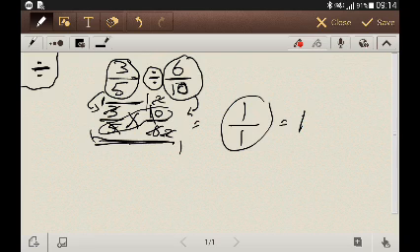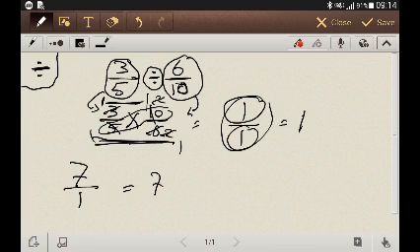Any number that has a denominator of 1 equals the same number. Let's say 7 over 1 is 7. 8 over 1 is 8. 9 over 1 is 9. And so on.